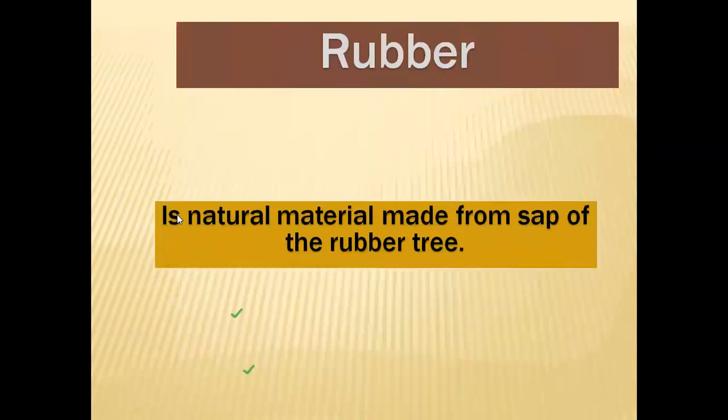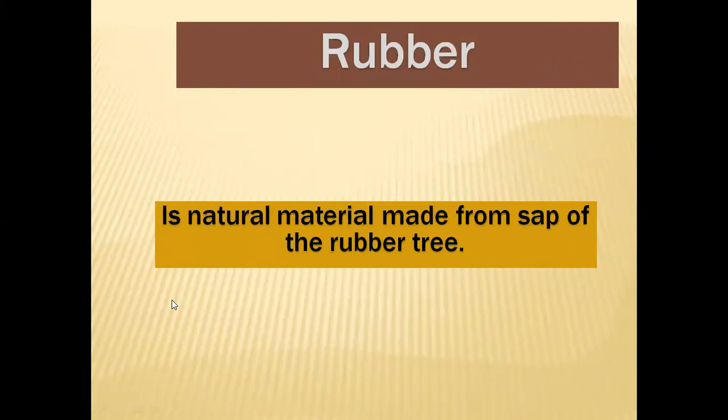Okay, now we are going to talk about rubber. What is rubber? Rubber is a natural material made from sap of the rubber tree. We can make different materials from rubber. When we studied materials in grade 1, we also studied that rubber is a material.